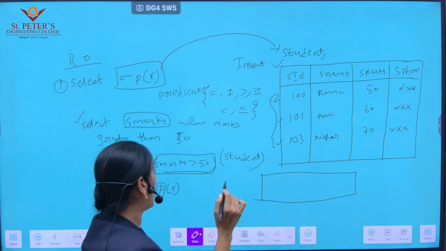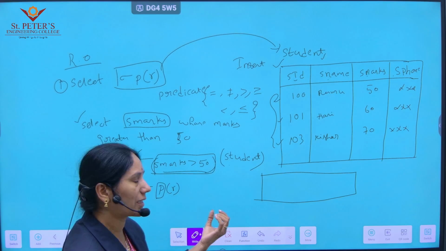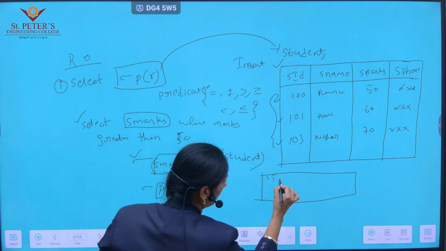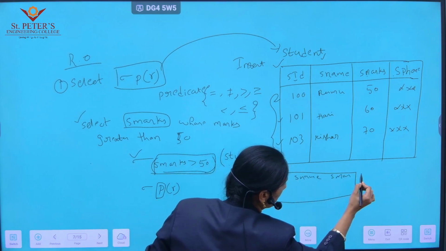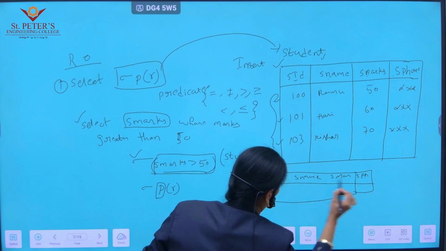Now my query is: select the student marks whose marks is greater than 50. Student ID, student name, student marks, and one more column called student phone number.